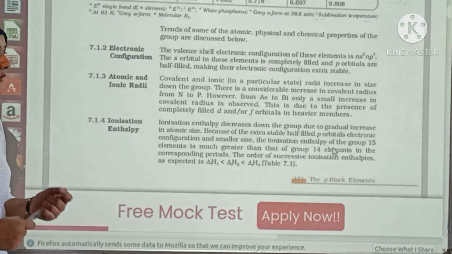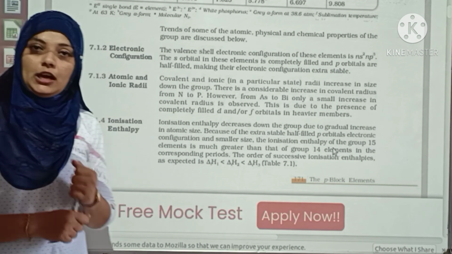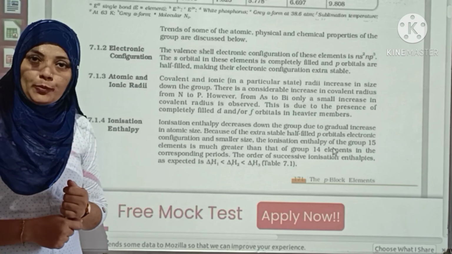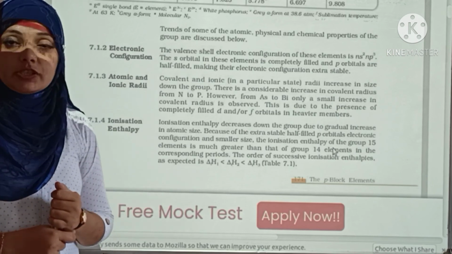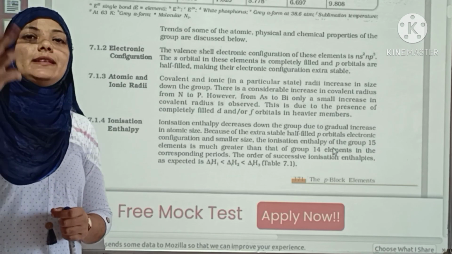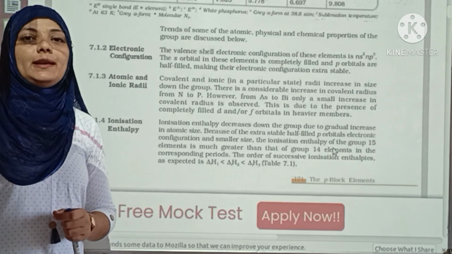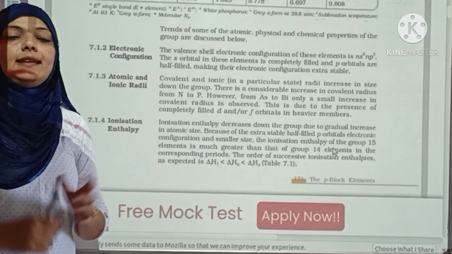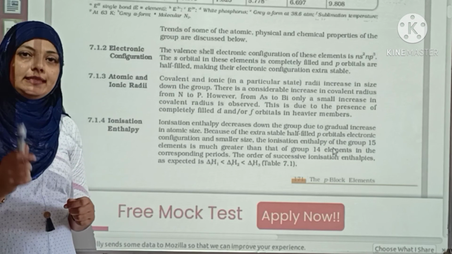Ionization enthalpy, dear student. What is ionization enthalpy? First of all, let me tell you. Ionization enthalpy is the energy you provide to a gaseous isolated element so that it loses an electron. When you want to make it an ion, you provide heat and energy, and that energy is known as enthalpy.